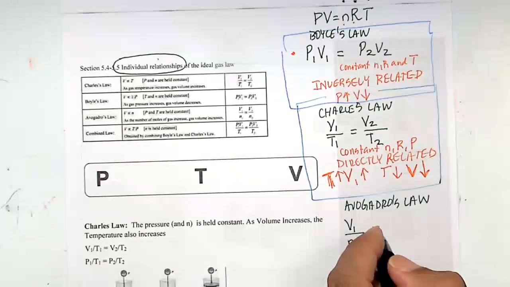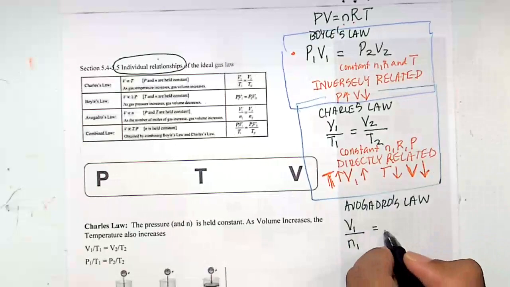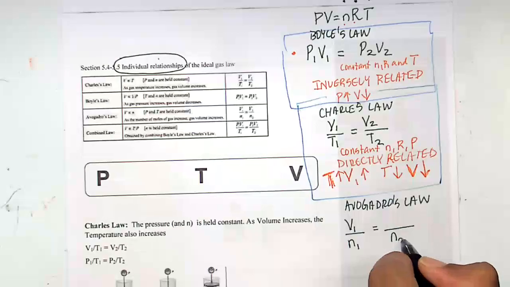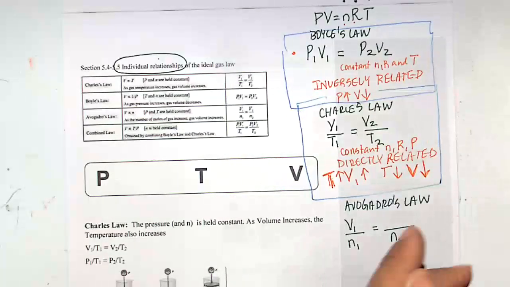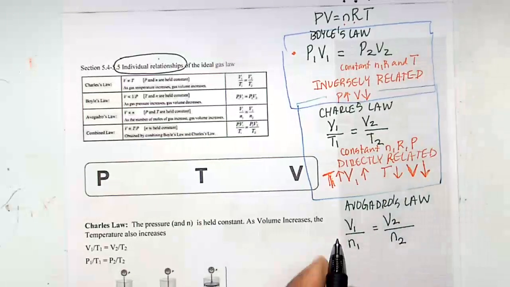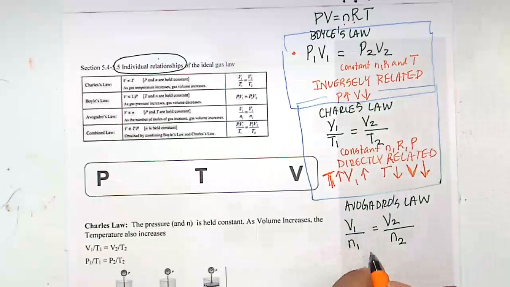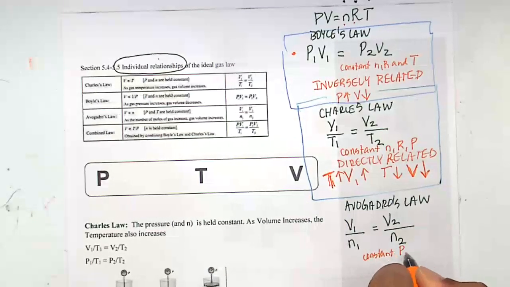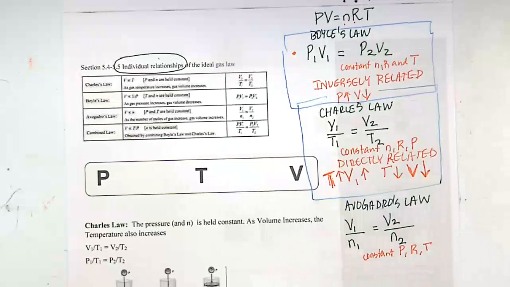We'll increase or decrease the number of moles to n2. As a result, we'll get a new volume V2. Here the constant is pressure. R is always a constant at 0.0821, and this is at a constant temperature.